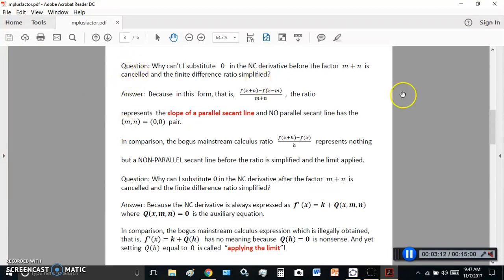A question that I'm asked often is, why can't I substitute 0 in the new calculus derivative before the factor m plus n is cancelled and the finite difference ratio simplified? It's very simple, because in this form here, the ratio represents the slope of a parallel secant line, and no parallel secant line has the mn pair 0, 0.